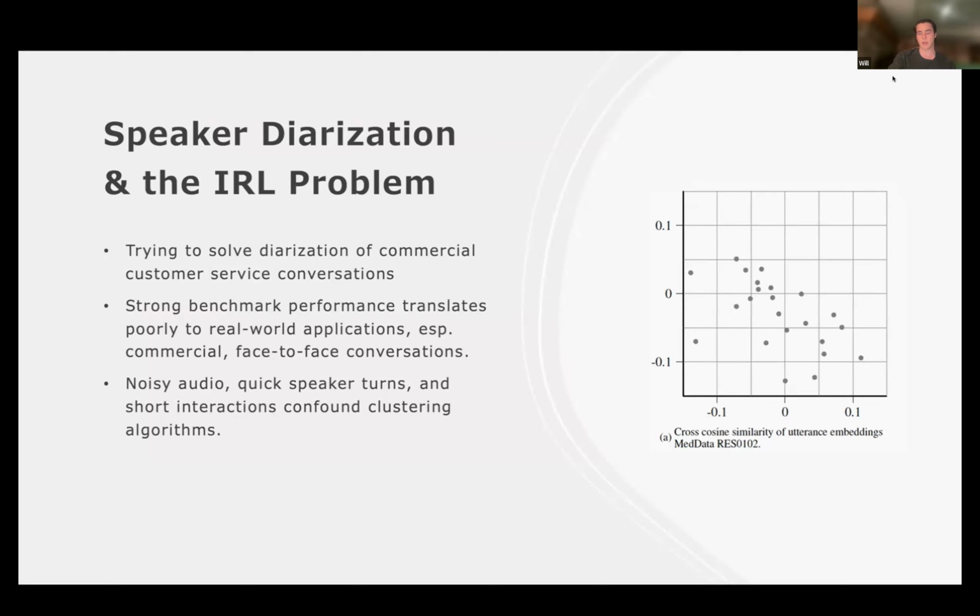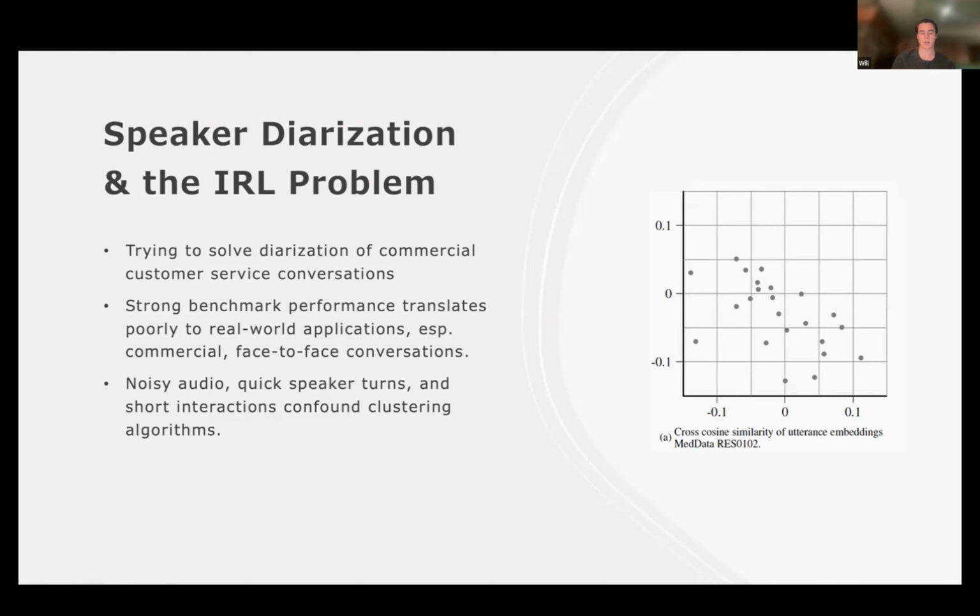I have an example of a face-to-face conversation on the right here that highlights some of the problems. It's a short interaction. There aren't many speaker turns. Each speaker turn is relatively quick, and there's a lot of noise and reverberance in the conversation.